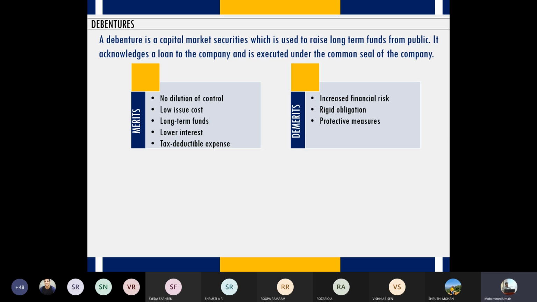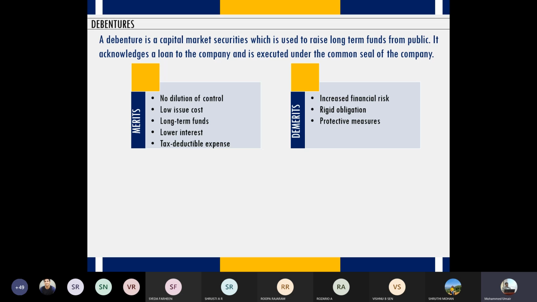The second point states rigid obligation. What this rigid obligation means is that a company should at any cost pay interest. Whether it is a secured loan or unsecured loan, in both situations interest must be payable. That's the rigid obligation.